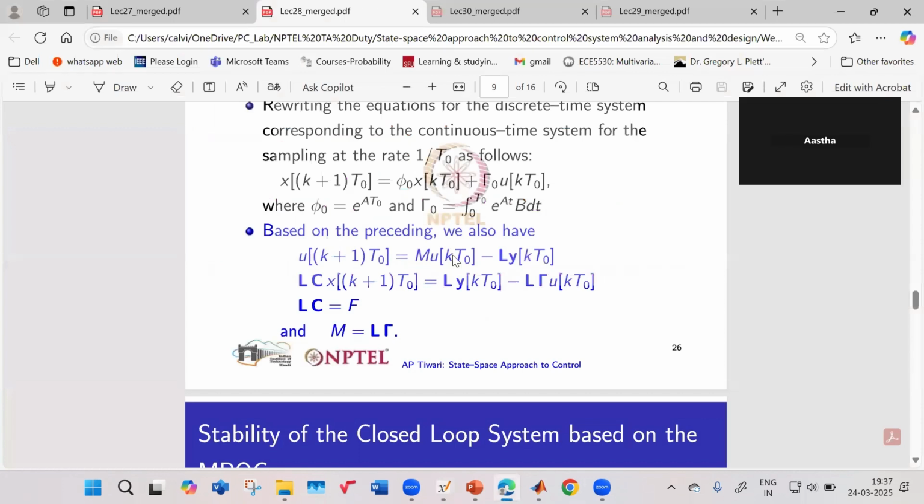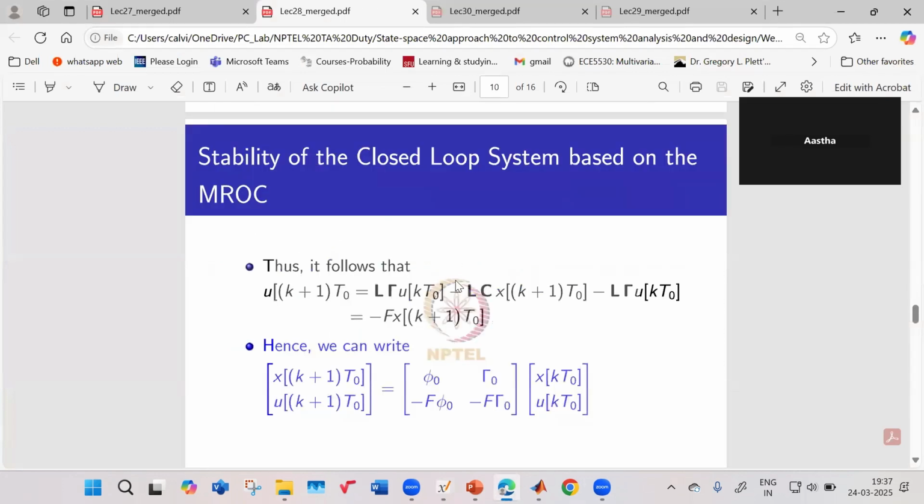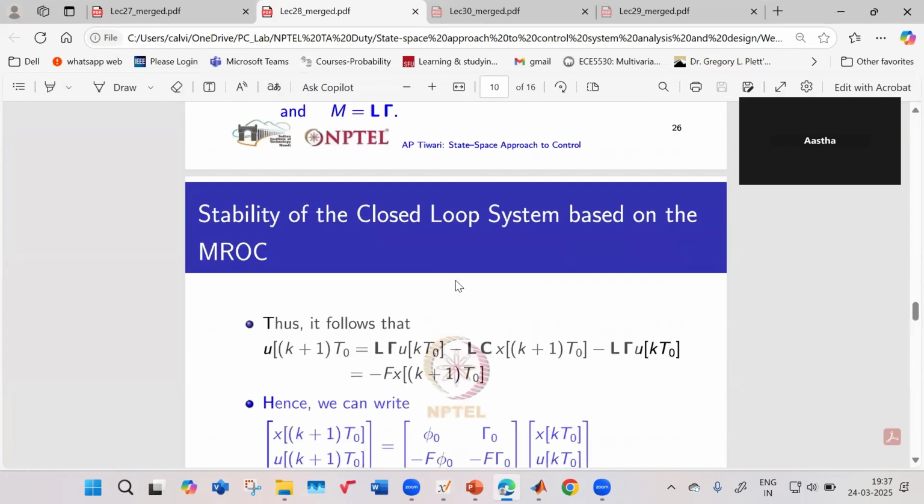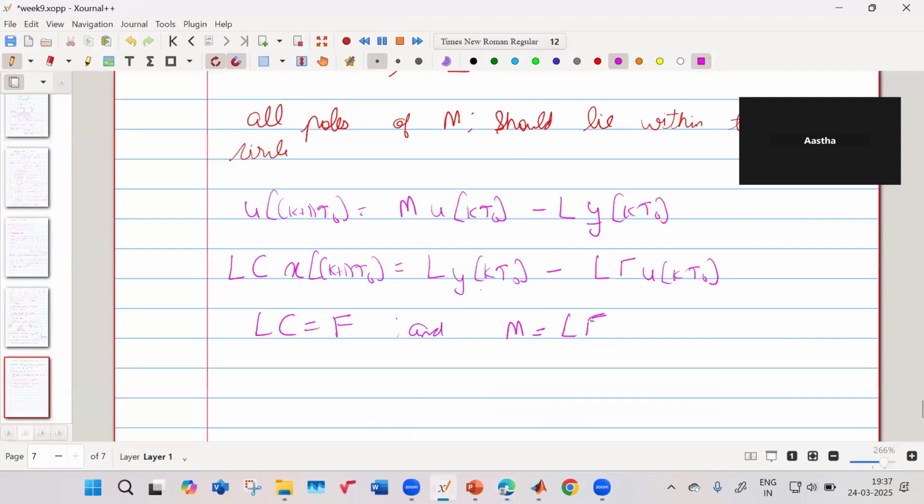Now what they find is u of k plus 1 T0. What is M?